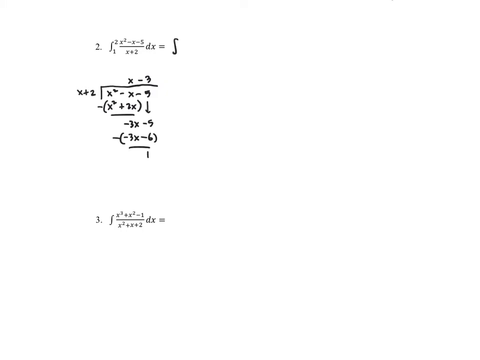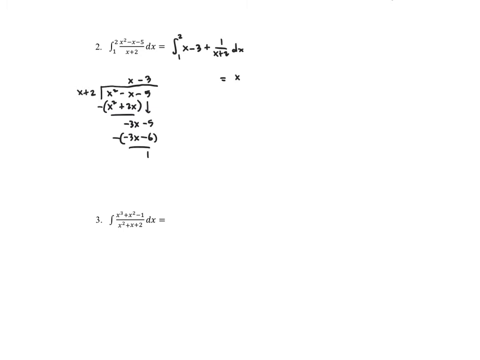Therefore, the integral from 1 to 2 of x squared minus x minus 5 over x plus 2, all that stuff, is going to be x minus 3 plus 1 over x plus 2. Okay, this can also be written as 3 integrals if we wanted it to be, but I'm just going to keep it all together as is.